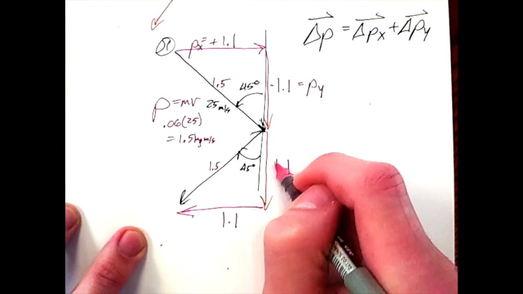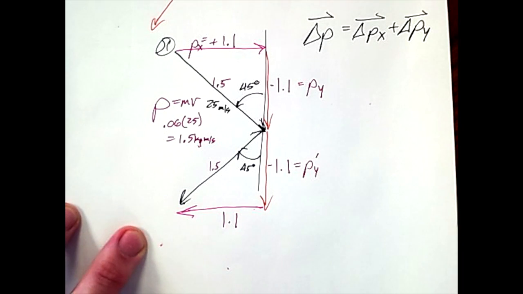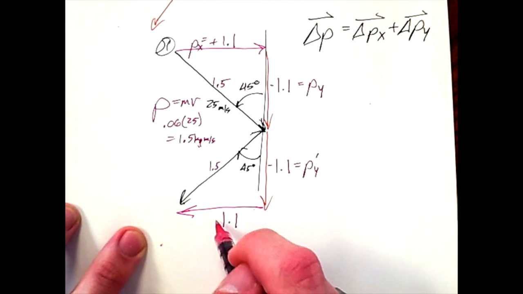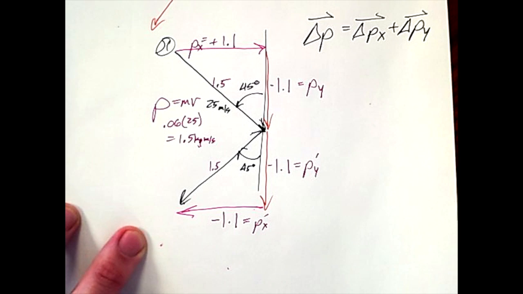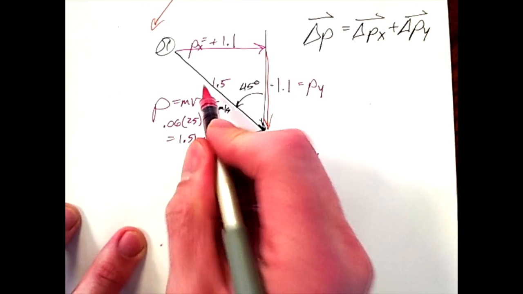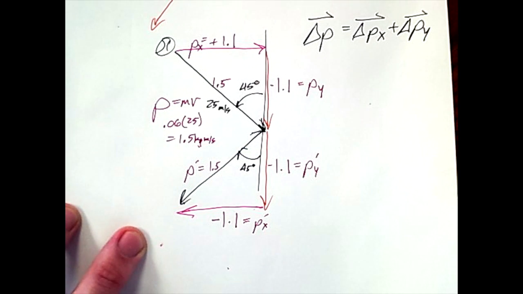This is negative 1.1 and is Py prime. This is negative 1.1 and is Px prime. Again, because P was 1.5 and P prime was also 1.5 in a new direction.